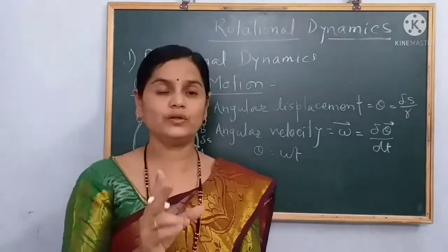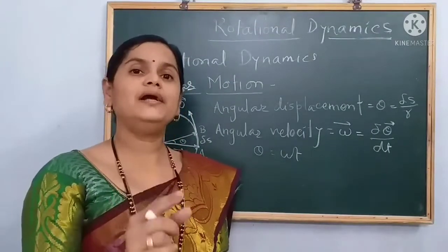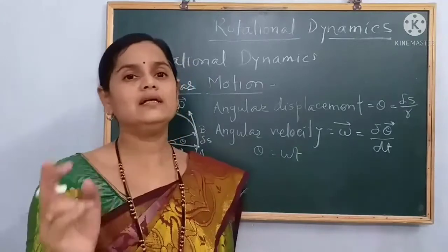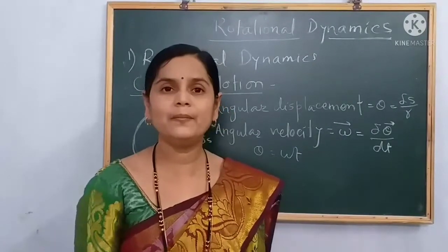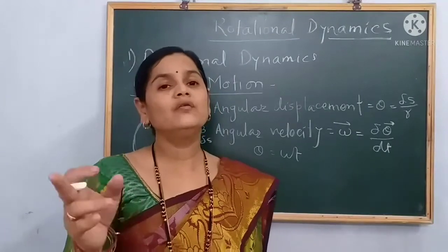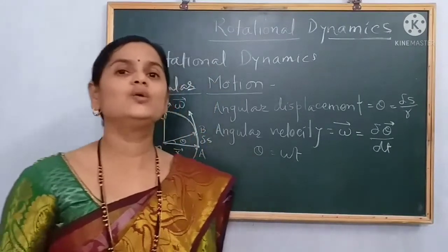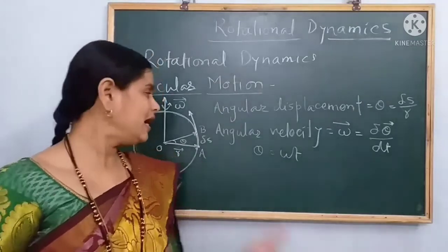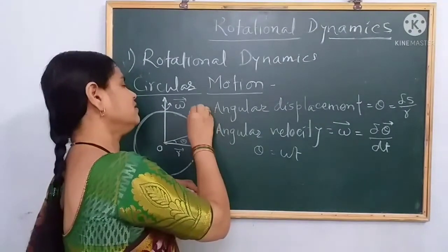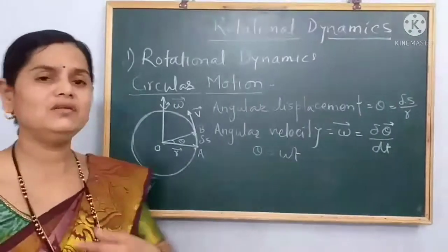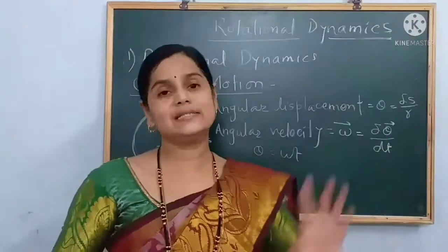Suppose the stone is released, what will happen? The stone will move tangential to the circular trajectory, and thereby this is the direction of linear velocity. It will move tangent to the circle.